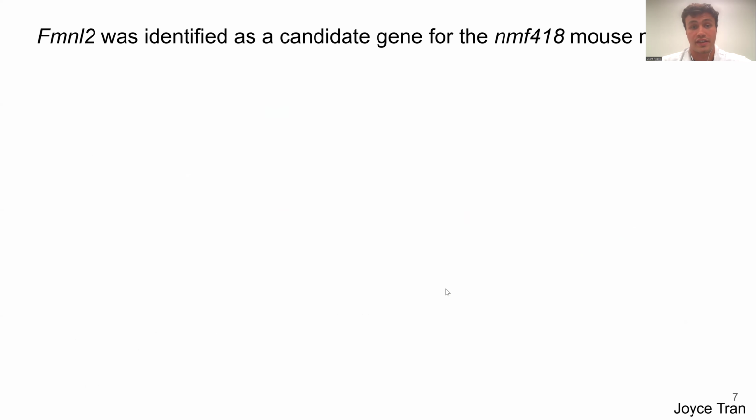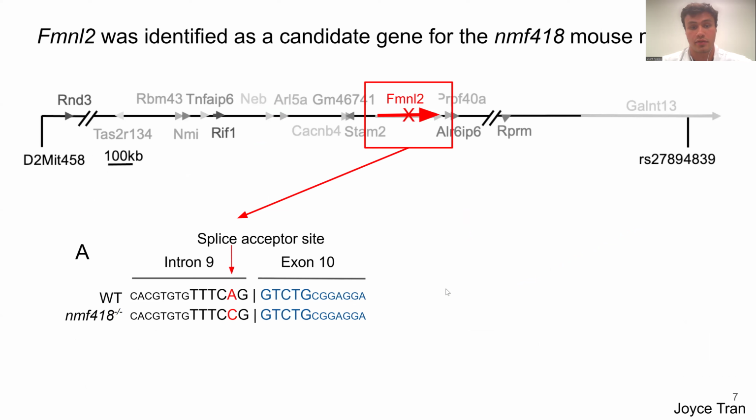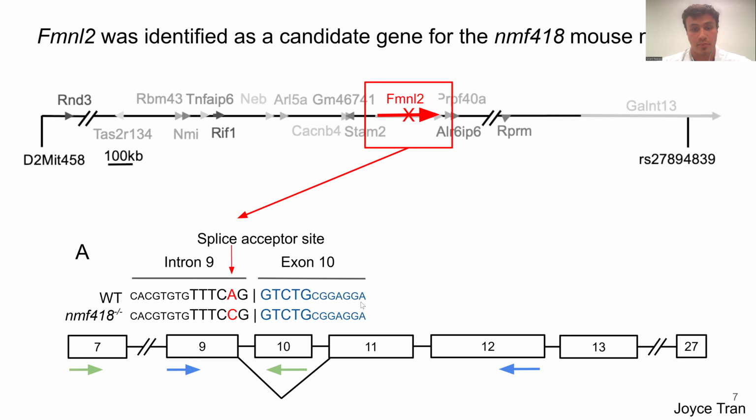And we identified that single nucleotide polymorphism in FMNL2 as an A to C mutation in a splice acceptor site between intron 9 and exon 10, and this results in the improper excision of exon 10 from the FMNL2 transcript.